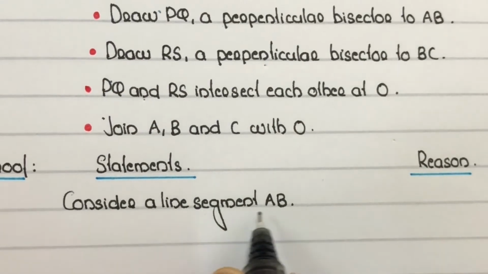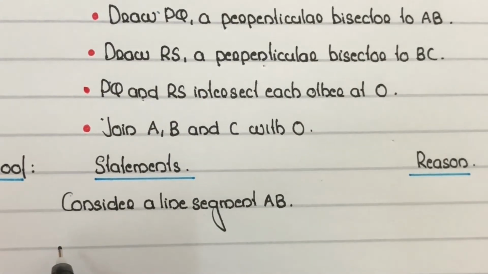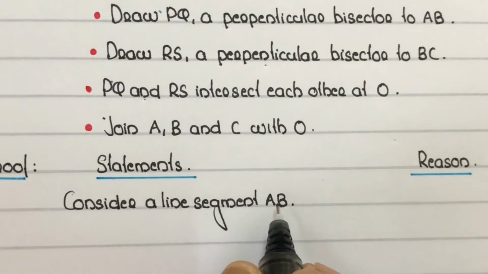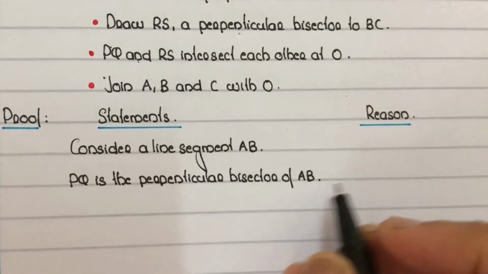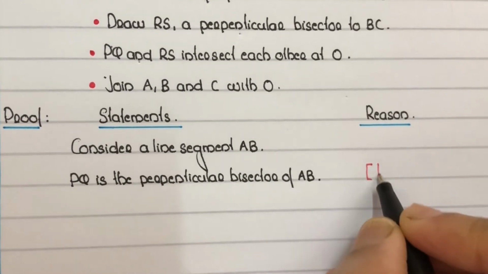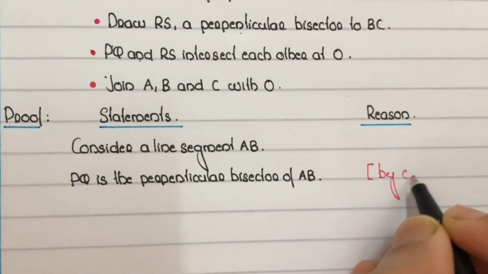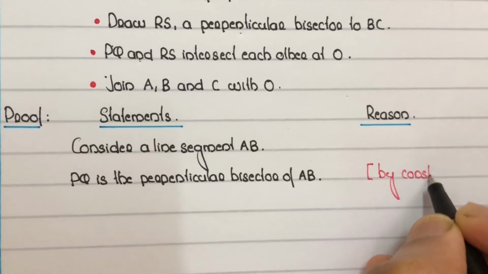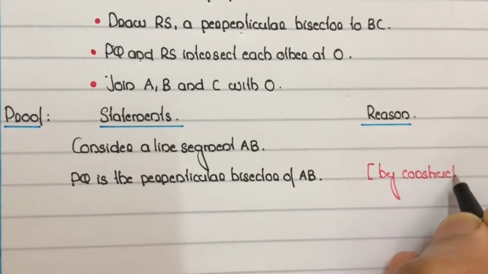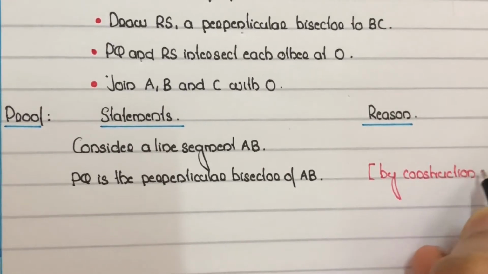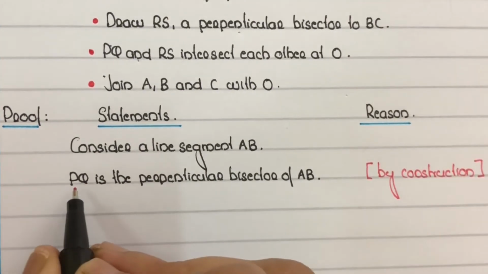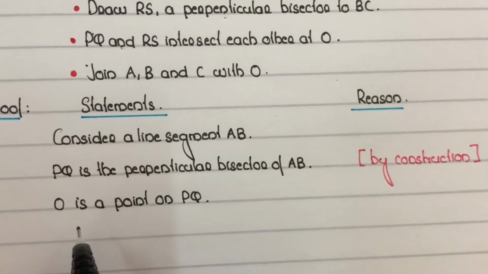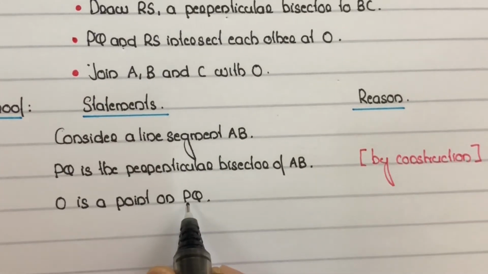Consider a line segment AB and PQ is the perpendicular bisector of AB. First point is given, right? And second point by construction. Next, O is a point on PQ. O is a point on perpendicular bisector.